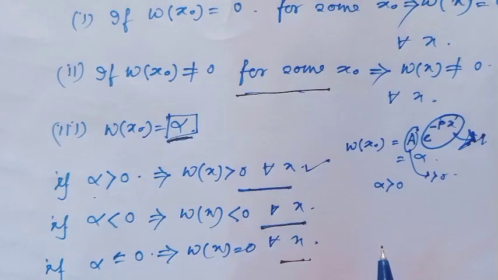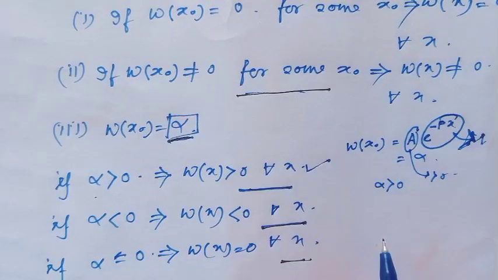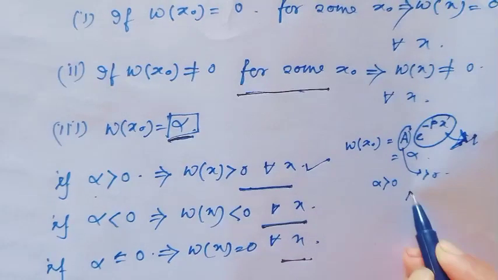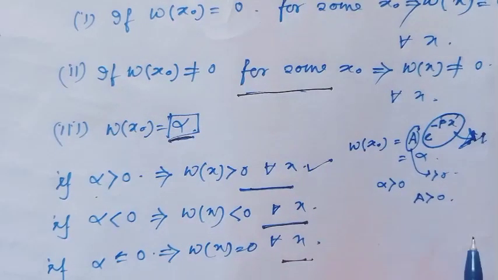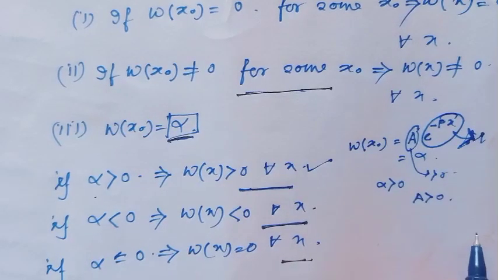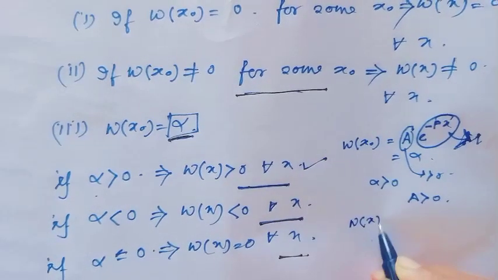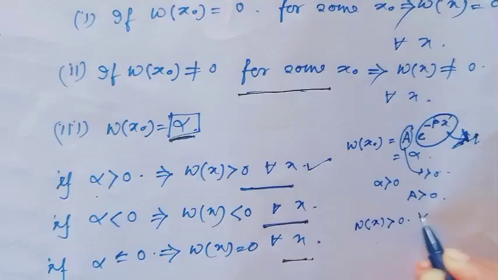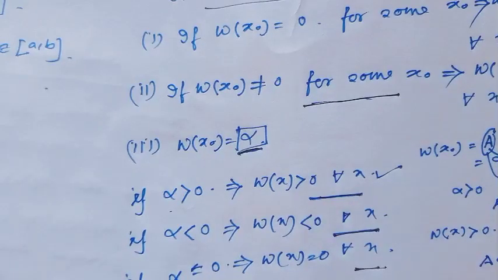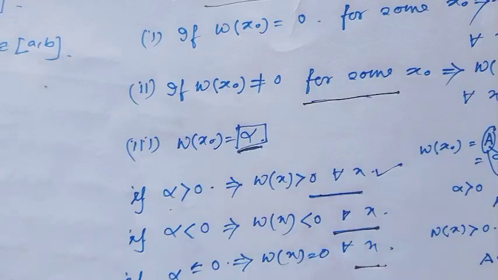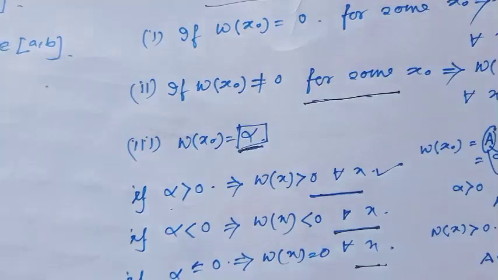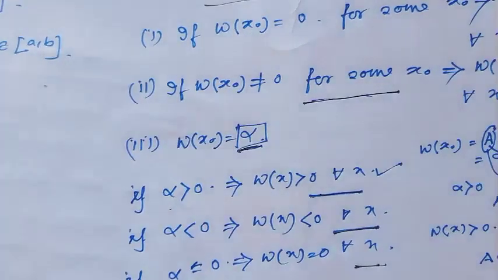So since a is greater than 0, for all other x the Wronskian of x would be greater than 0. If at the point x naught the value of the Wronskian is greater than 0, then the Wronskian of x is greater than 0 for all x.